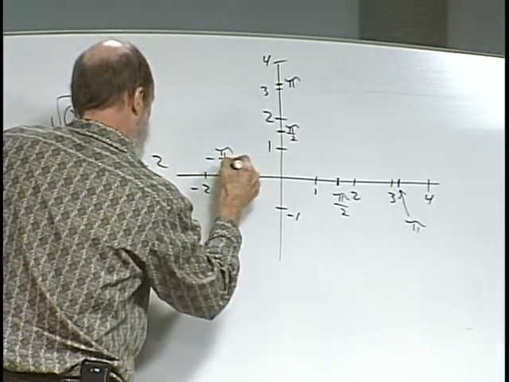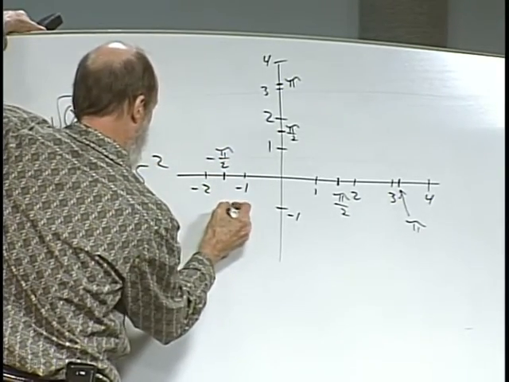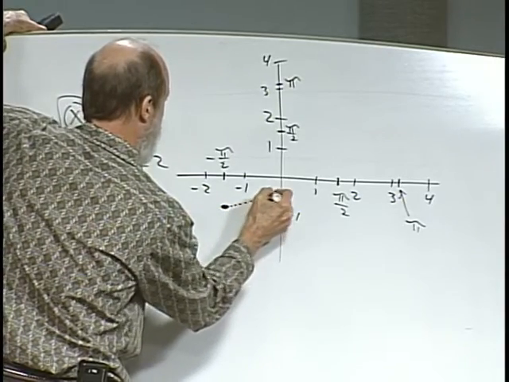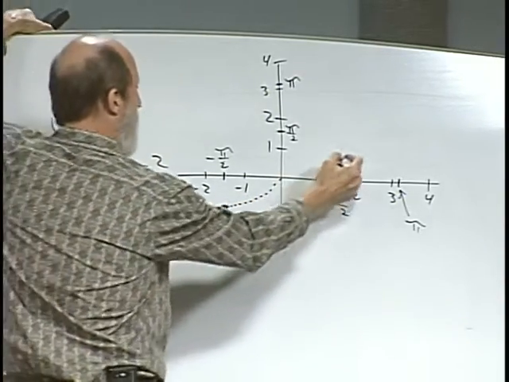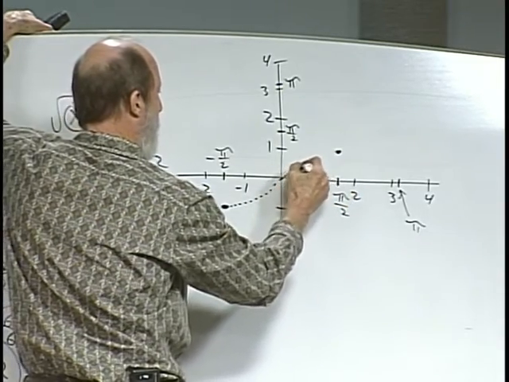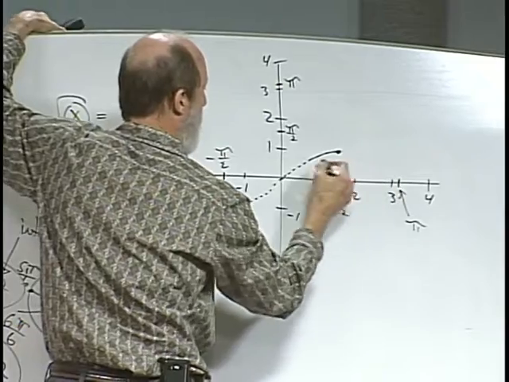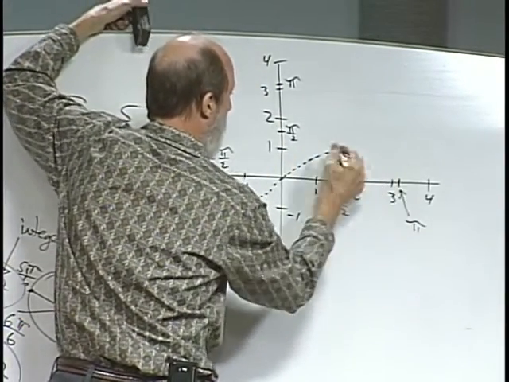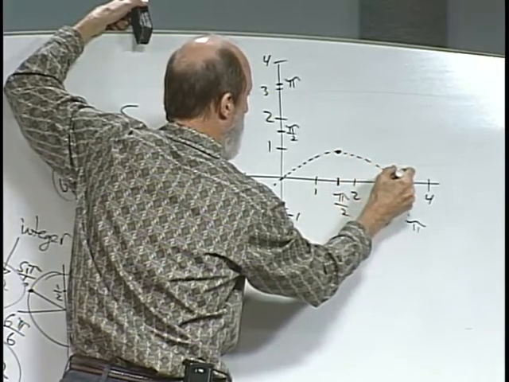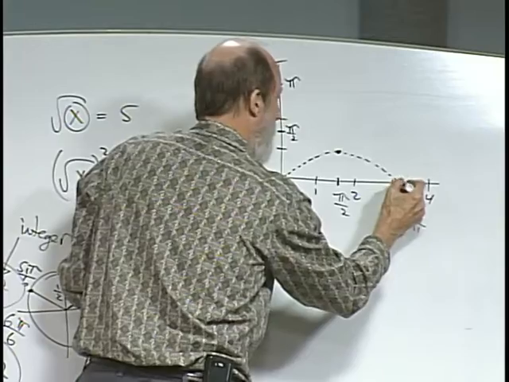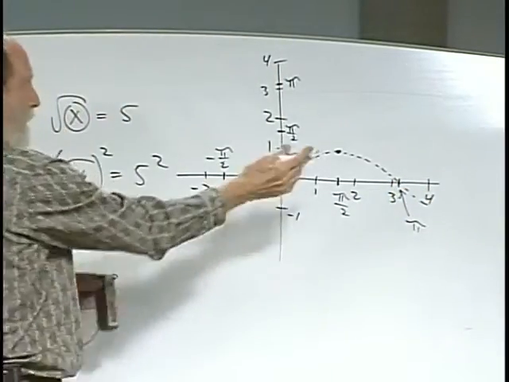Minus pi over 2 would be here, and the sine graph comes up through here, doesn't it? And then when you get over to pi over 2, it's going to be up here on its crest. And then as you continue past that spot, it's going to roll back down to its node, right? And then goes negative, continues on to the right and left, right?